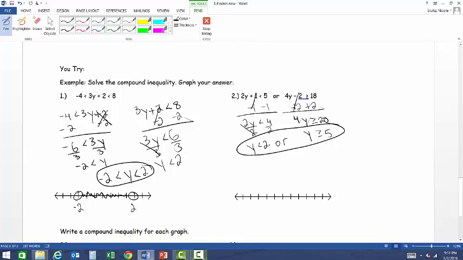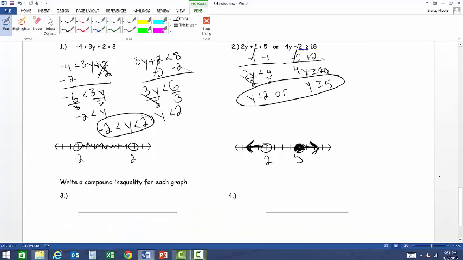Either numbers less than 2 will work, or you can pick numbers greater or equal to 5. So graph each one separately. So check your graph, make sure it looks like mine. Solid dot at 5, open dot at 2, and they should be pointing away from each other, separated in between.